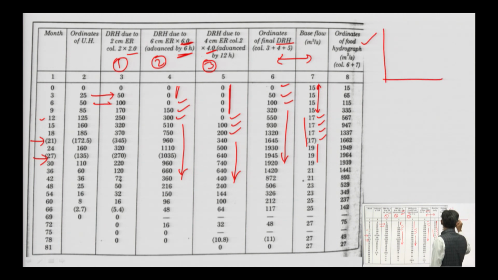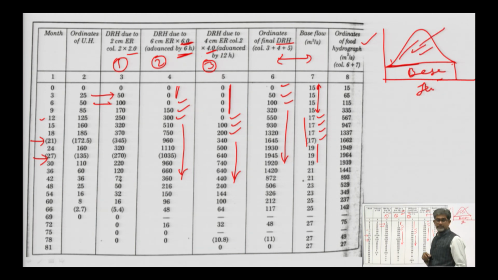This one represents the base flow, and this is the effective runoff, for effective precipitation, or you can say effective rainfall, or runoff. So, this is the ordinate of the flood hydrograph.